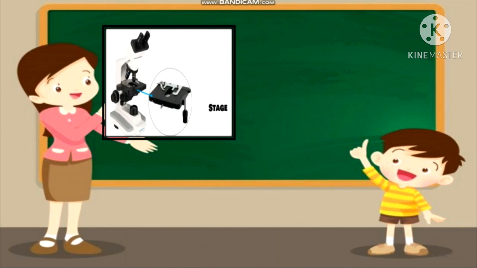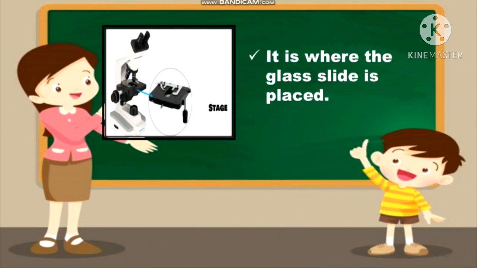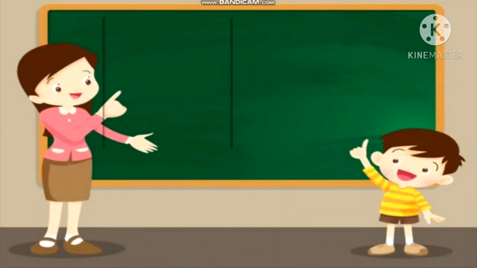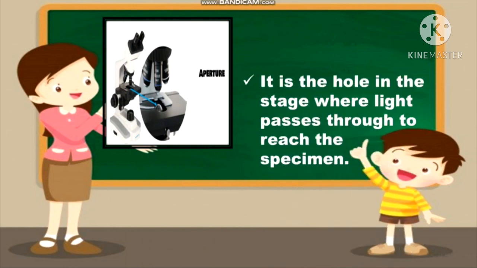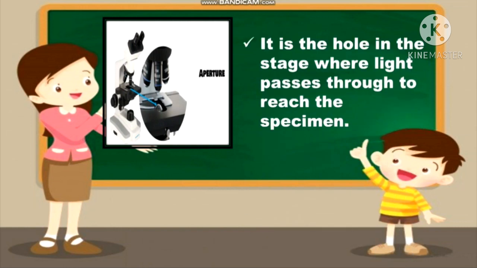The next we have here the stage. It is where the glass slide is placed. The next, we have here the aperture. The aperture is the hole in the stage where light passes through to reach the specimen.